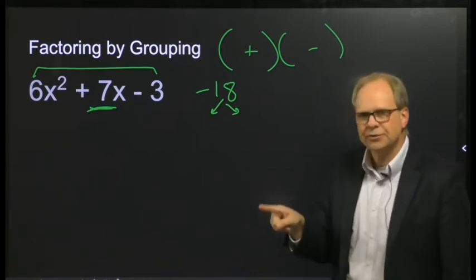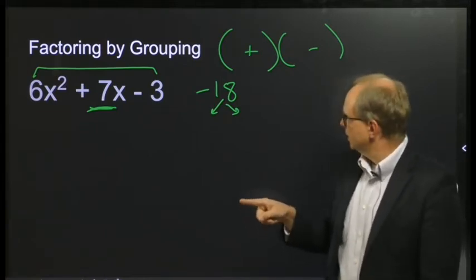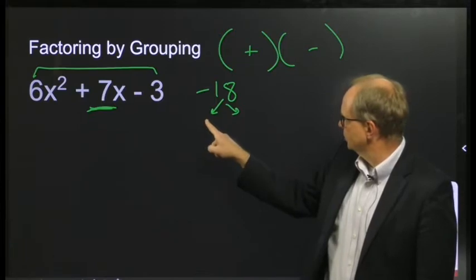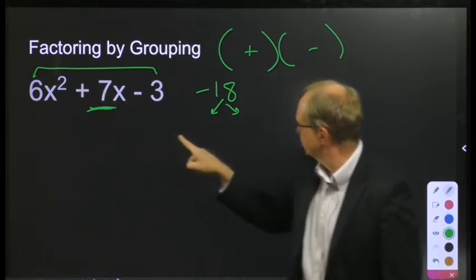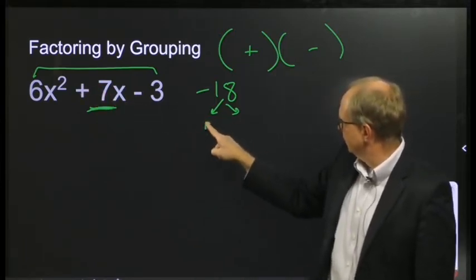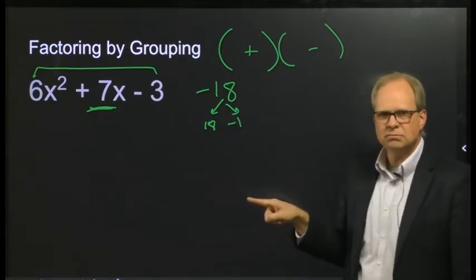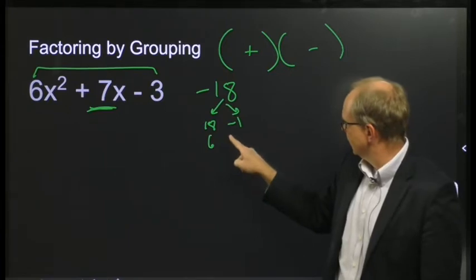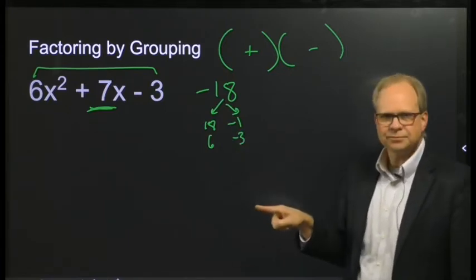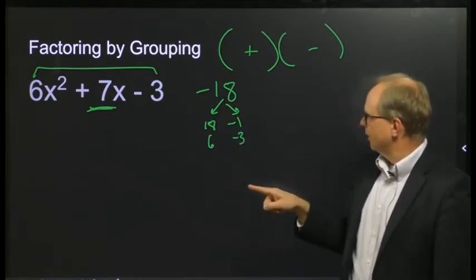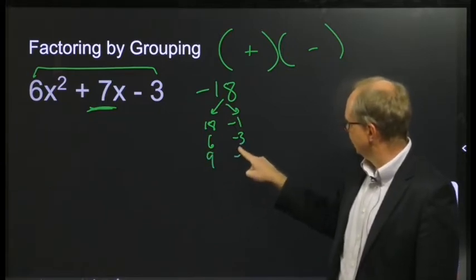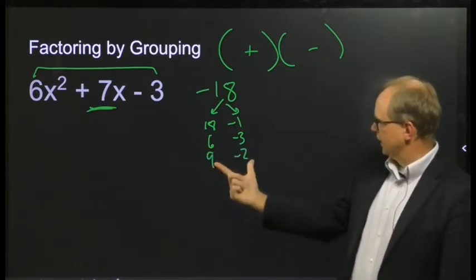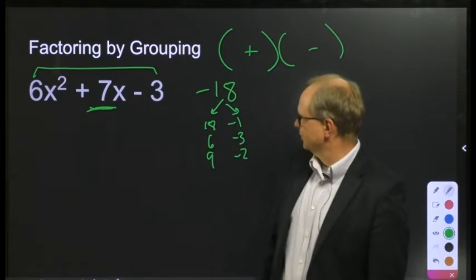So the factors of negative 18, let's see. The positive is here, so the bigger one is going to be positive 18 and negative 1. No, that's not going to do it. 6 and negative 3? No. Oh, yes. 9 and negative 2. 9 and negative 2 combine to make positive 7.